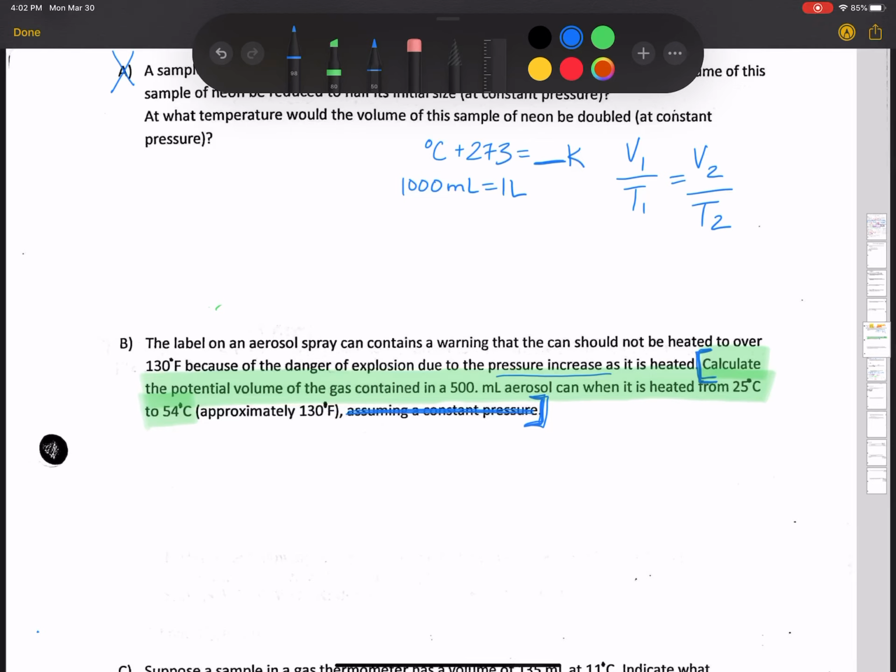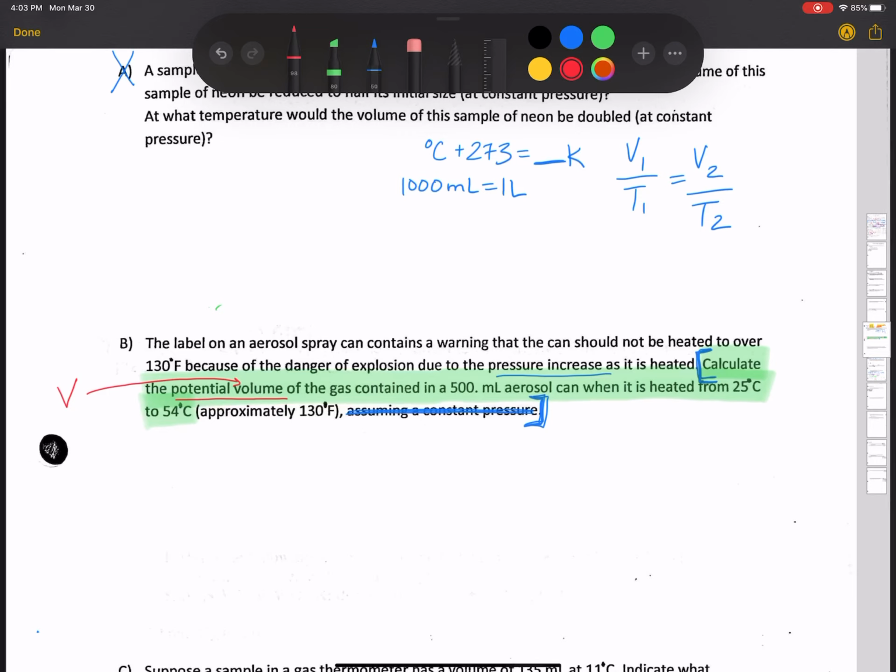So first thing I want to do is label what information they give me in the question in terms of who's what variable. So when the question says calculate the potential volume, that means I'm going to be looking for a volume. I don't know at the moment if it's V1 or V2.